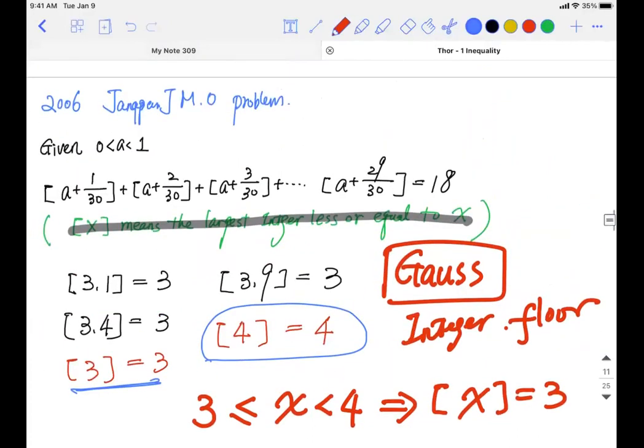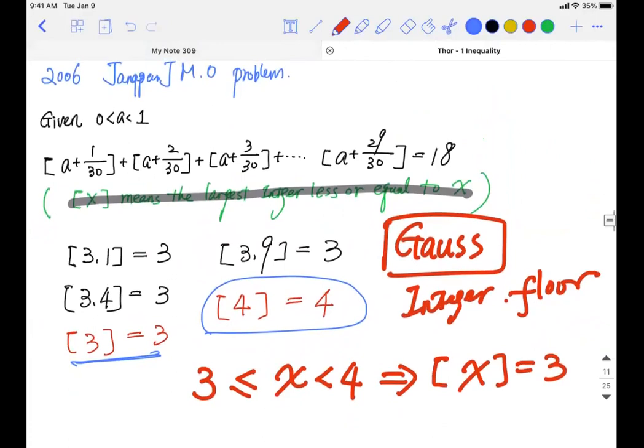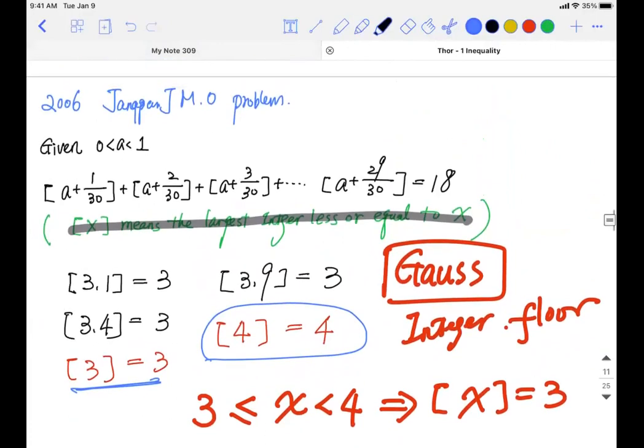So my question says, look, I have a between 0 and 1. I want to do such a thing. A plus 1 over 30, I take a Gauss. A plus 2 over 30, I take a Gauss. Everyone is an integer, right?